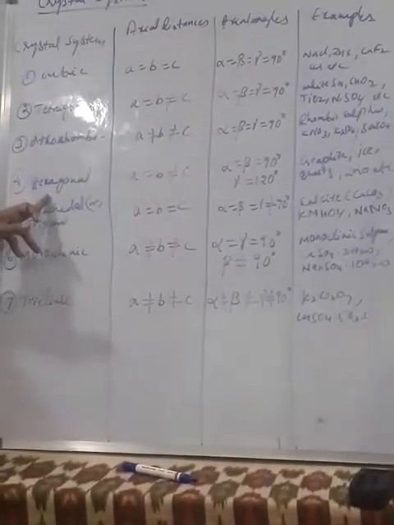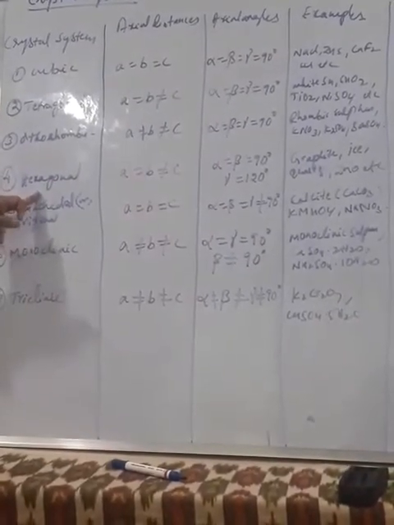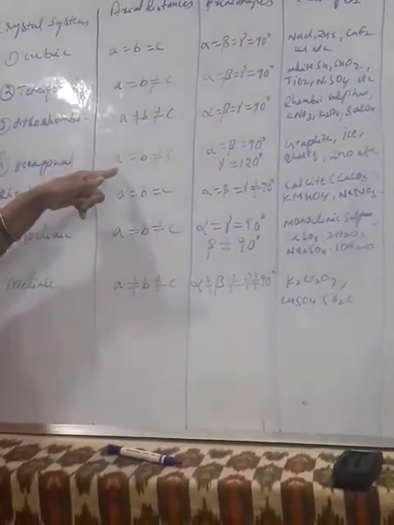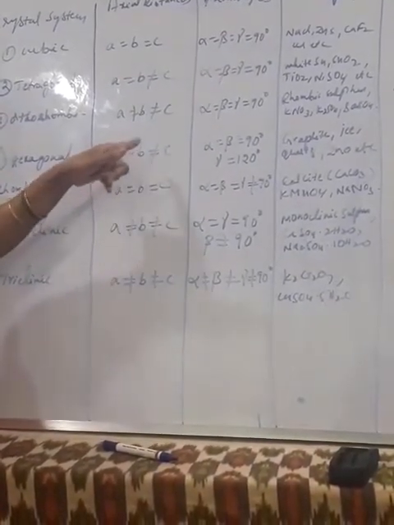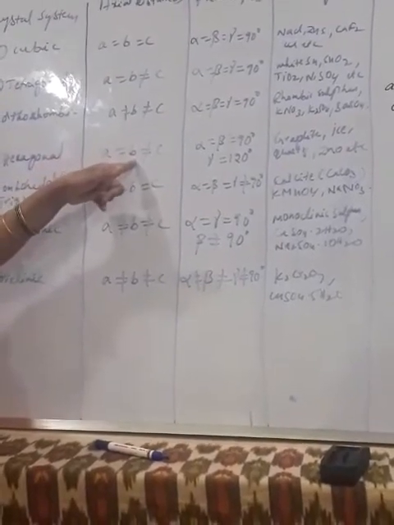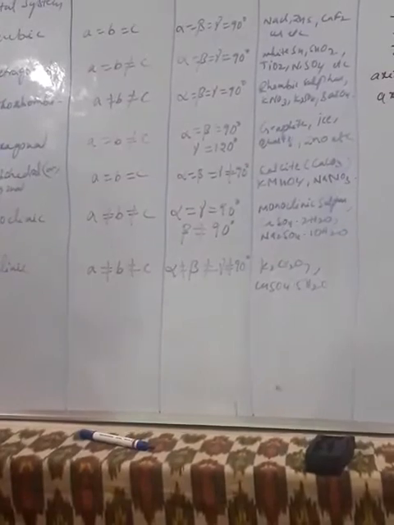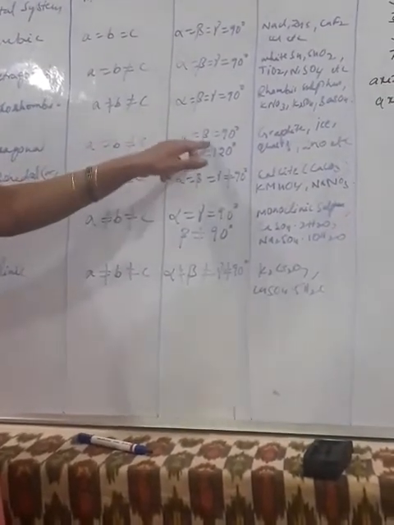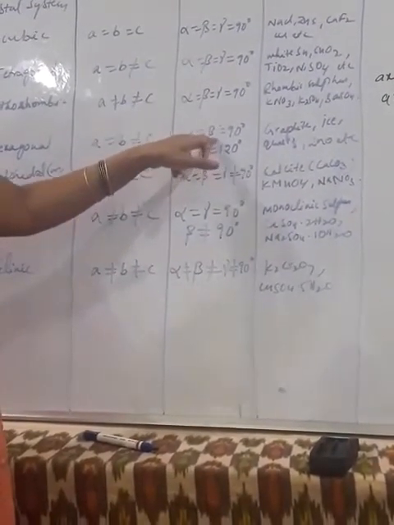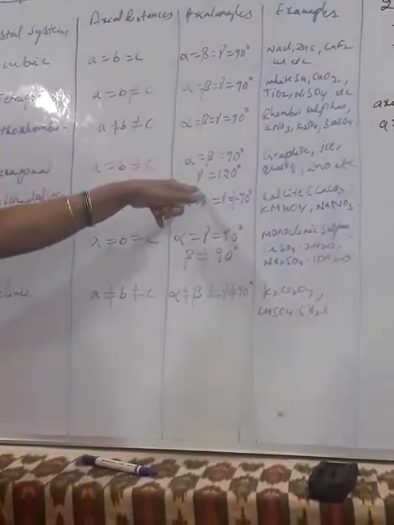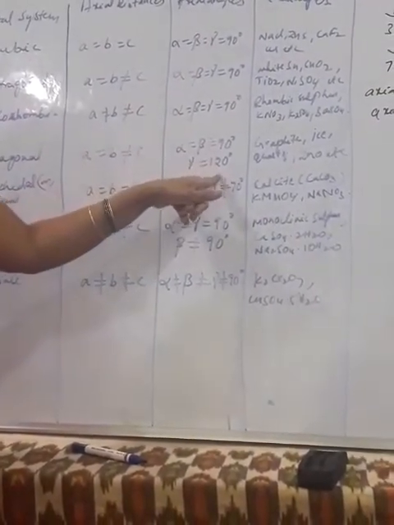Next, hexagonal type. In hexagonal, coming to axial distances, a equal to b, b is not equal to c. Coming to axial angles, alpha equal to beta, which is equal to 90 degrees, but gamma equal to 120 degrees.